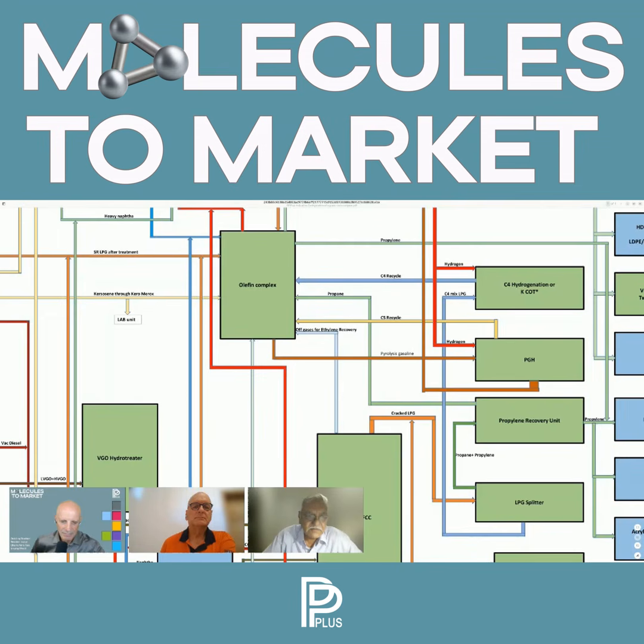Apart from a schedule penalty, time penalty anyway will be there. But if I go for the EPC route, the costs escalate dramatically because EPC will load for all those risks. Can you guess a number? And that number is 30 to 50%. Sorry? 30 to 50%. Yeah.